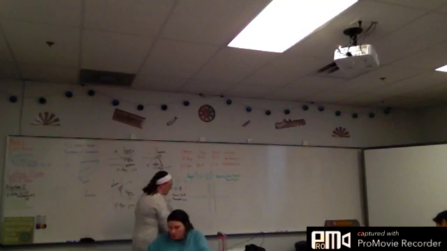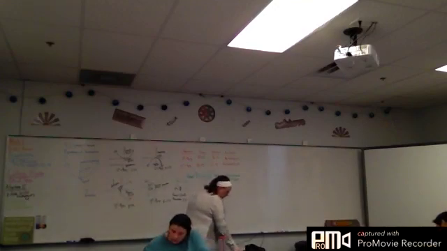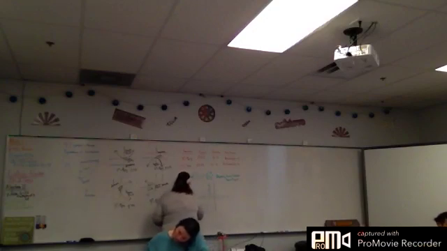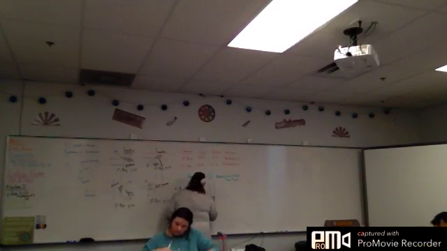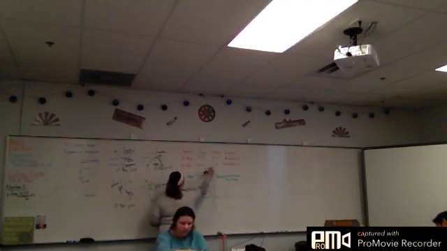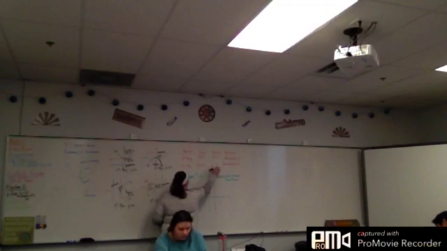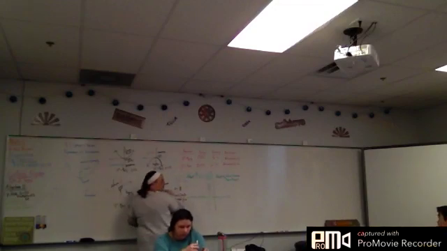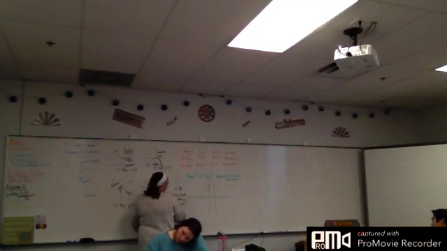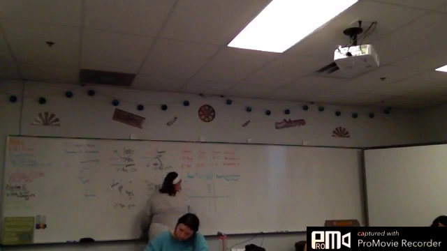The rule is your directrix is x equals the opposite of P. My axis of symmetry is then y equals 0.